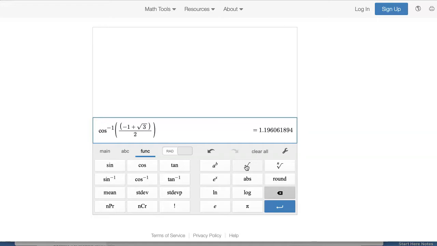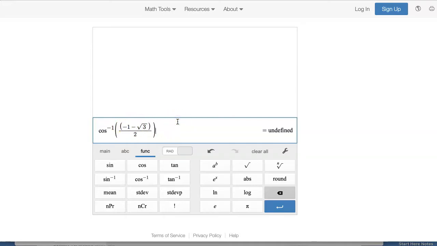And I have a value here of 1.1961. If I round out to 4 decimal places, I might go ahead and write 0.6 so that I don't make a rounding error. Okay, so that's one of my values, and then my other value is if I change this positive to a negative.